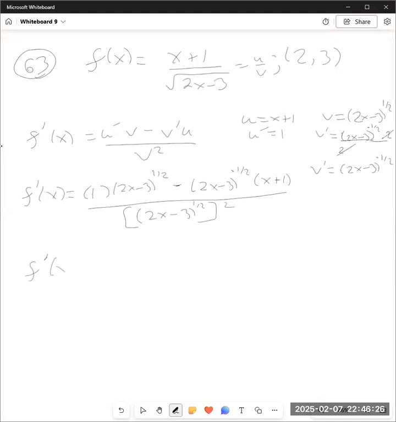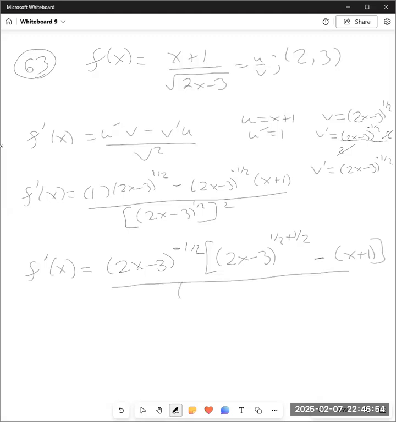F prime of x is equal to (2x minus 3) to the negative 1/2 power times the quantity (2x minus 3) to the 1/2 plus 1/2 power minus (x plus 1) over (2x minus 3) to the first power. Bring this negative 1/2 power down to make this plus 1/2 down here.